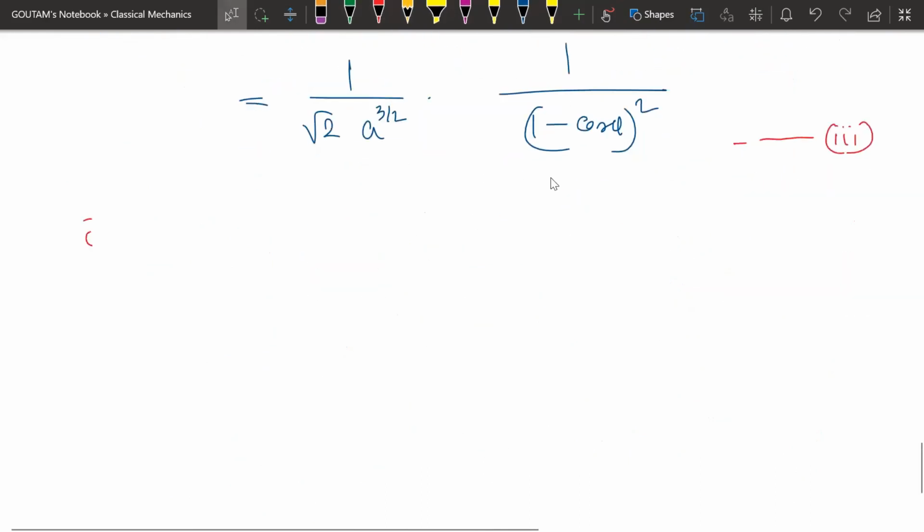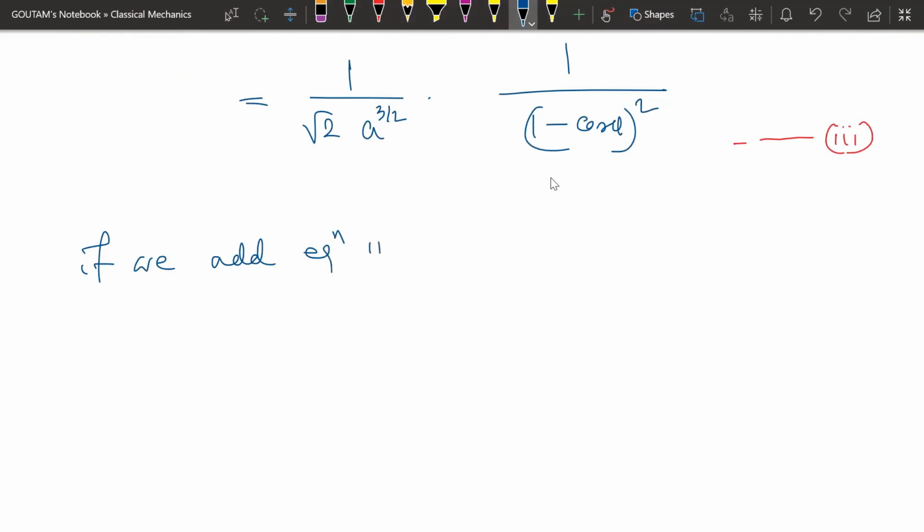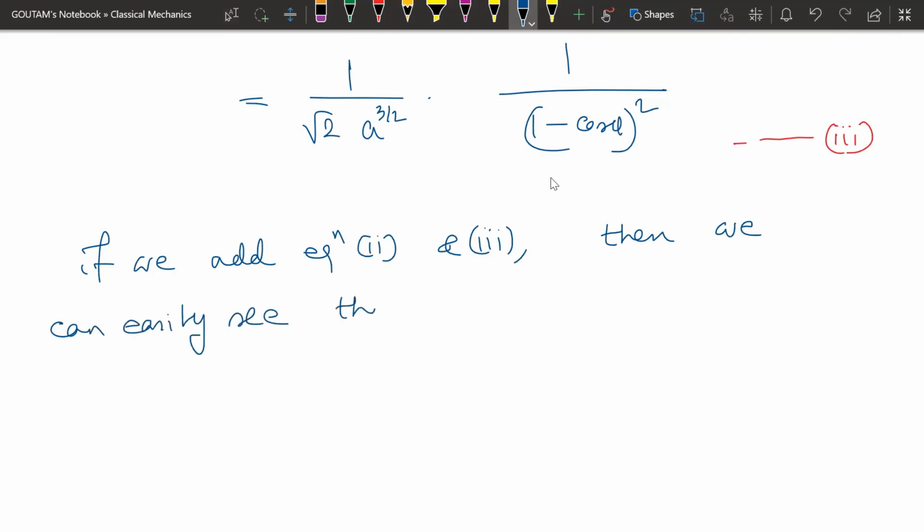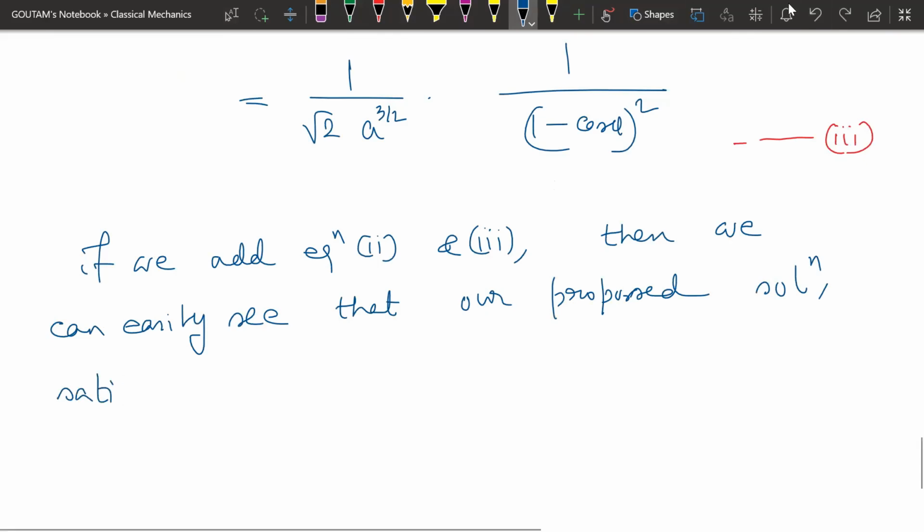That means if we add equation 2 and equation 3, then we can easily see that our proposed solution satisfies equation 1.